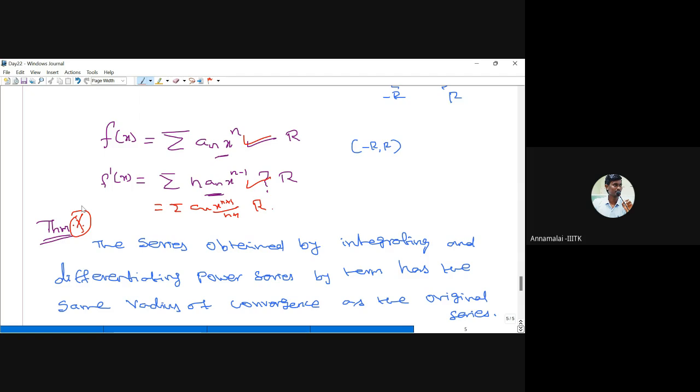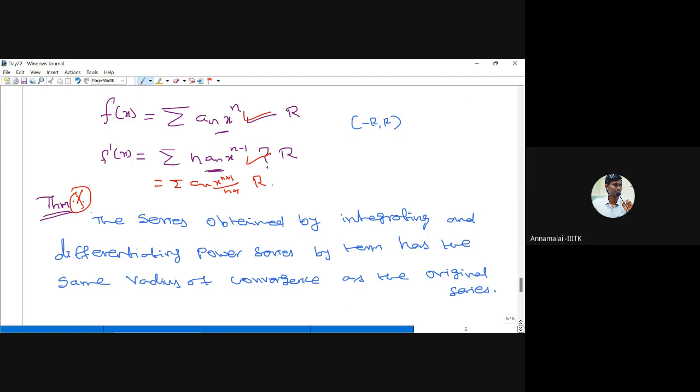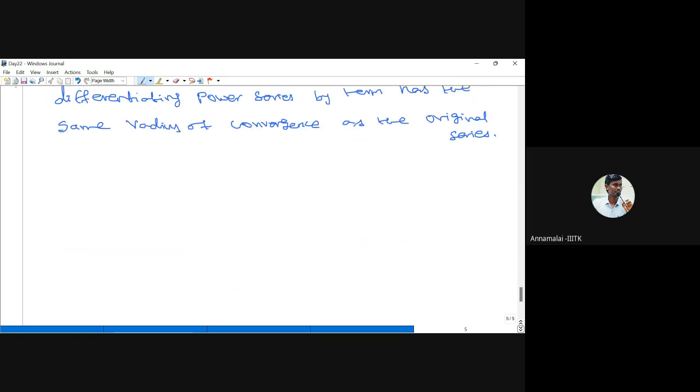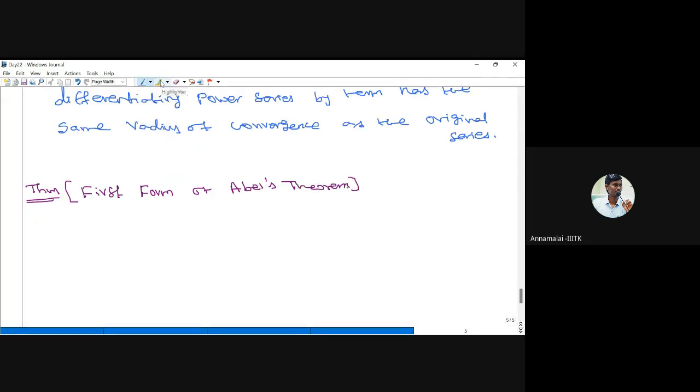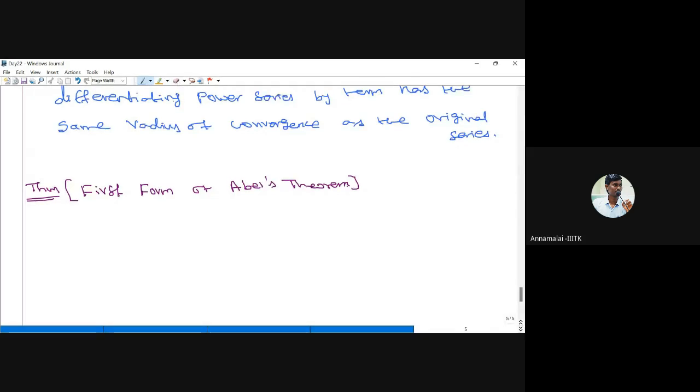Now there is Abel's theorem. We can state Abel's theorem. That is called the first form of Abel's theorem. Okay, what does this say? Suppose we have a power series that converges at the endpoint of the interval.